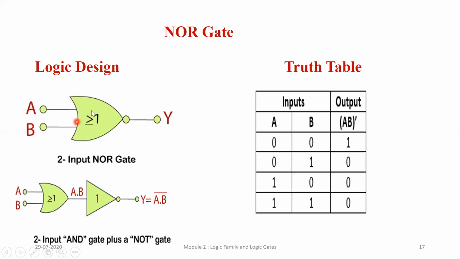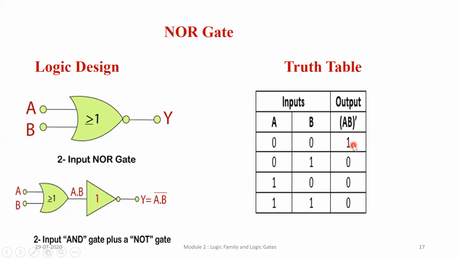Whatever is written inside, no need to write with this. Just remember, put A plus B, the complement of it. So the symbol comes as A plus B, the whole complement. Whenever both my inputs are 0, I get output high.